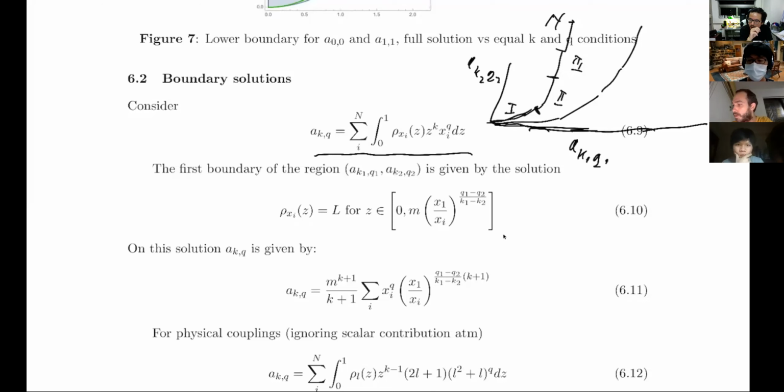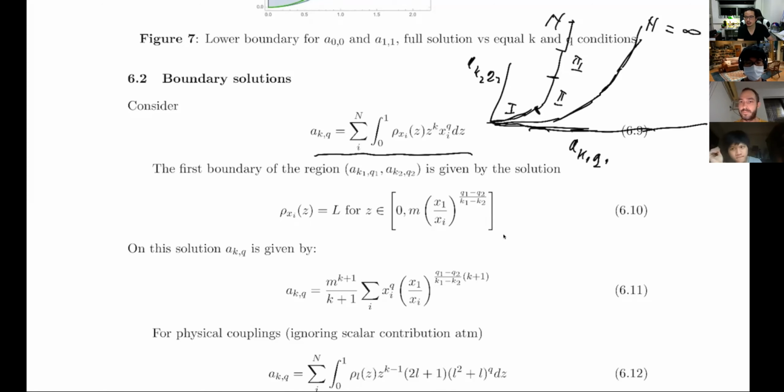So it depends on what couplings you're looking at, but if here I have, say, n equals infinity, then this might be the boundary for n infinity where I have integer spins or something. So basically, you're saying you have an analytic formula for these boundaries.